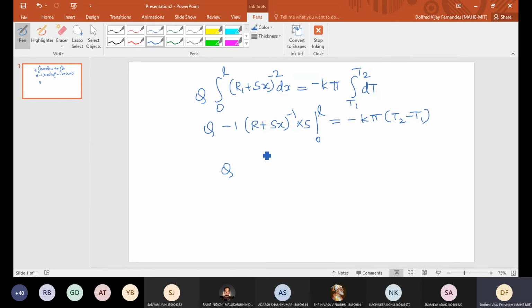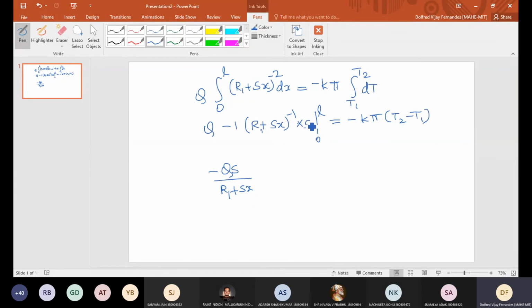So S is known to us. What is the S value? We can substitute here. R1 is known. Then you substitute the R1 plus Sx. Something is wrong, right?